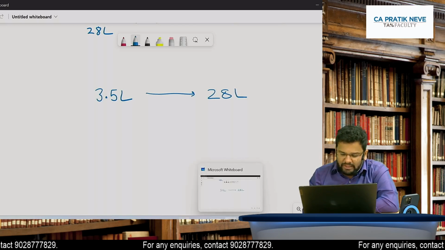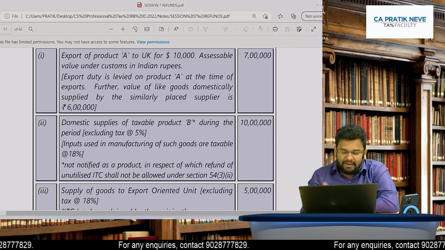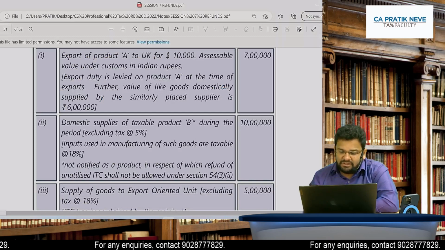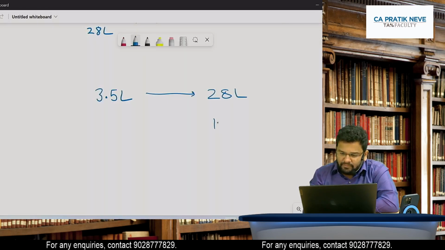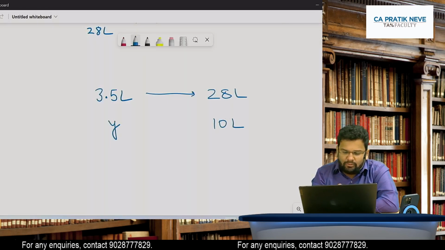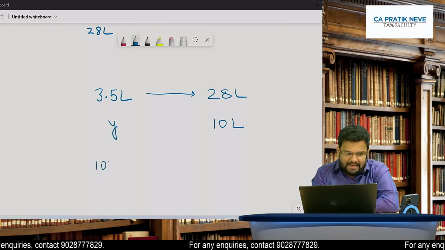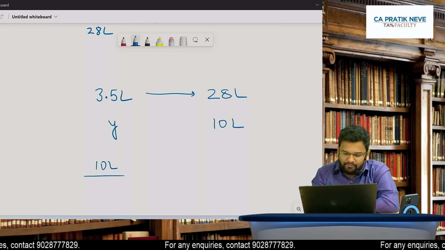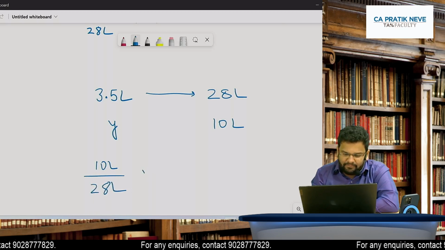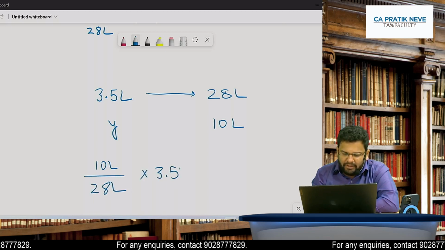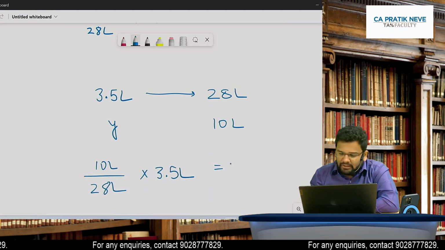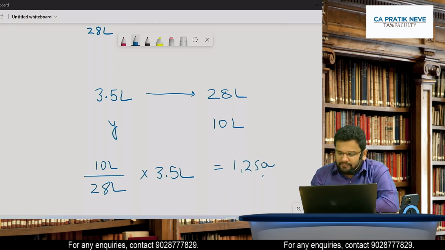Further, you know that the value of your product B, which is inverted duty structure, is 10 lakh. So calculate for 10 lakhs how much. So 10 lakhs upon 28 lakhs into 3.5 lakhs. Are you getting 1,25,000?